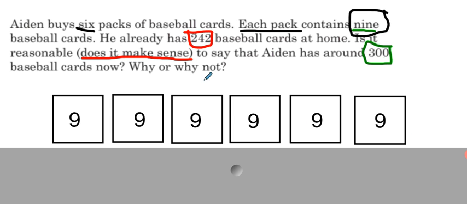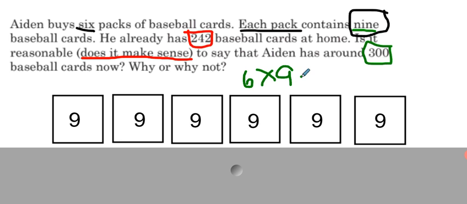So what does that mean? It means that we have 6 groups of, and when we say groups of, that means that we are what? Good job, multiplying. 6 groups of 9 cards.